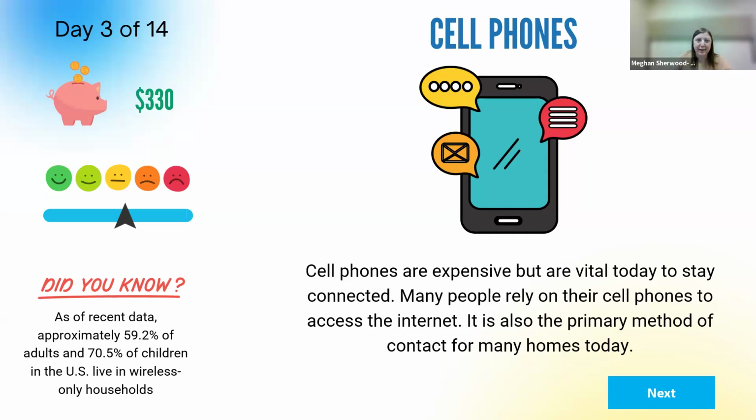It's really the primary method that most people use to stay connected. So we know that's an important part of people's budgets. It can also be required for schoolwork and things like that, so we keep that in our budget here.